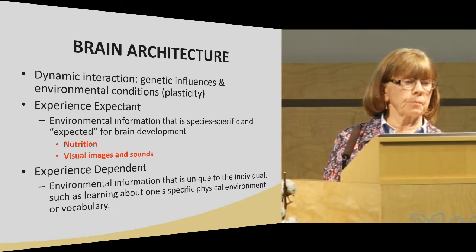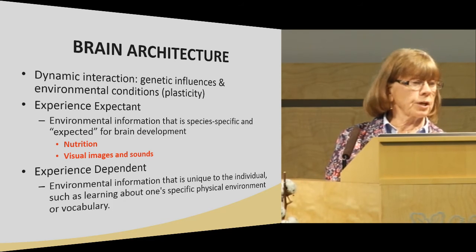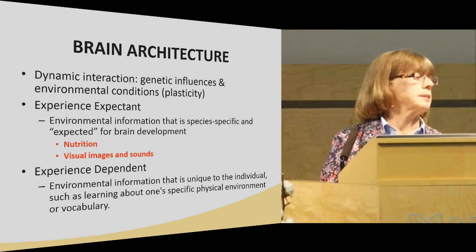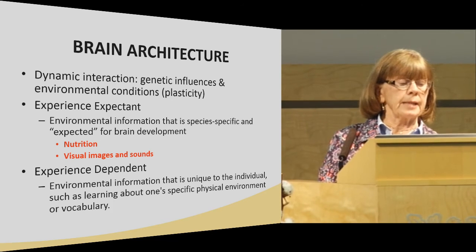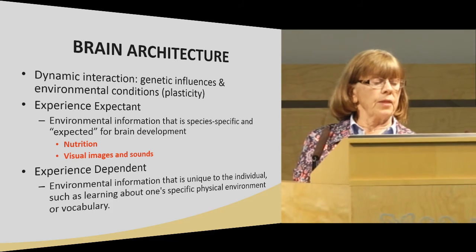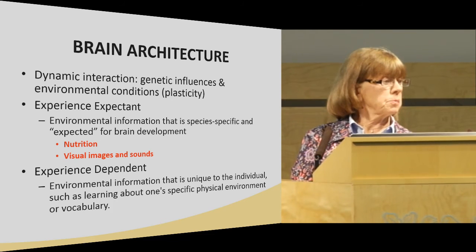We start just a bit with brain architecture. As you have heard, there's a dynamic interaction between genetic influences and environmental conditions. If we think about two kinds of experiences, there's expectant experiences.